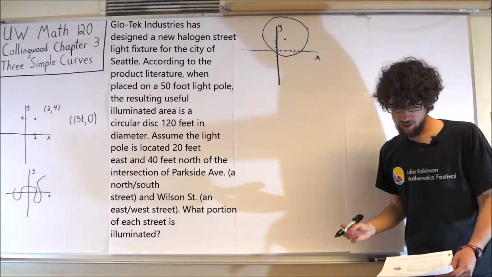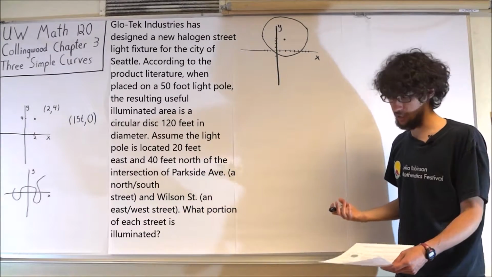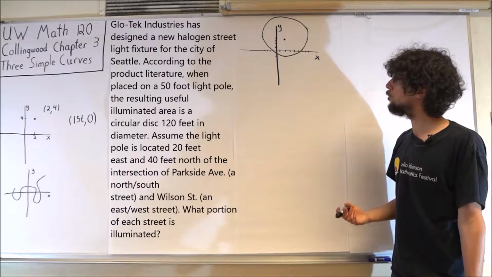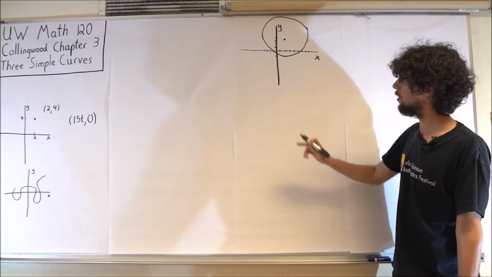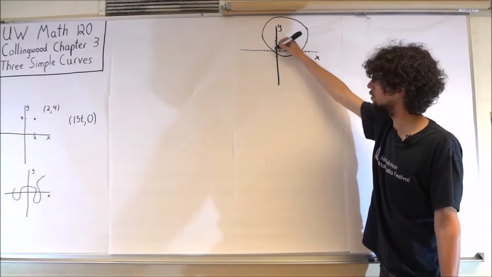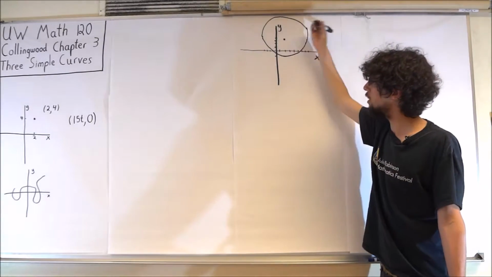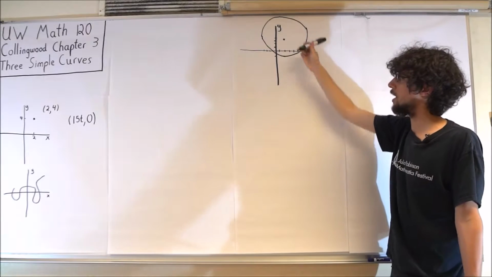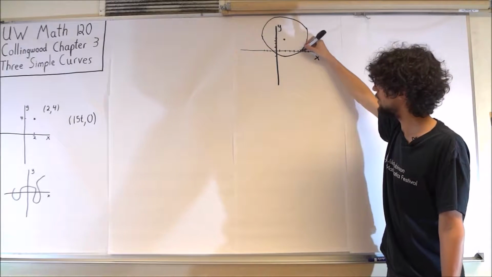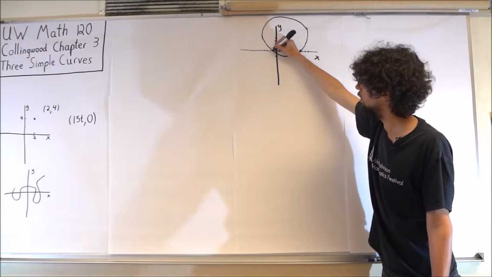And what we're interested in is what portion of each street is illuminated. So in particular, here we have a street, this east-west running street, which is illuminated from, well, it's unclear exactly where these points lie, but something like from here to here.